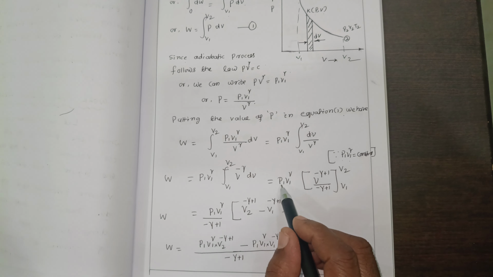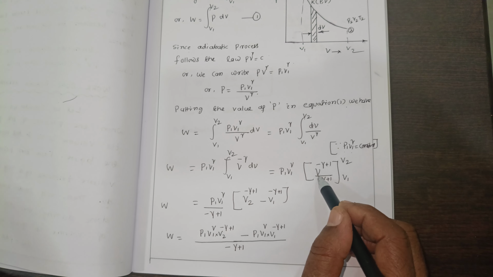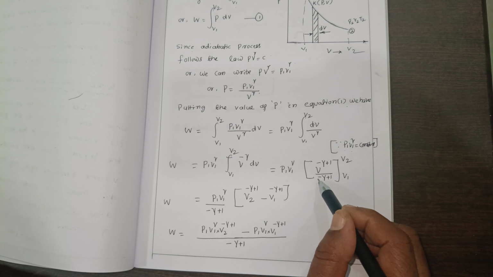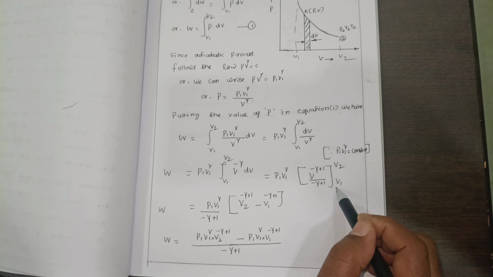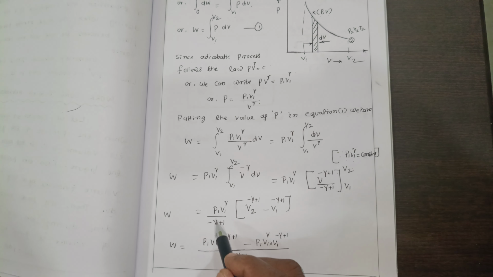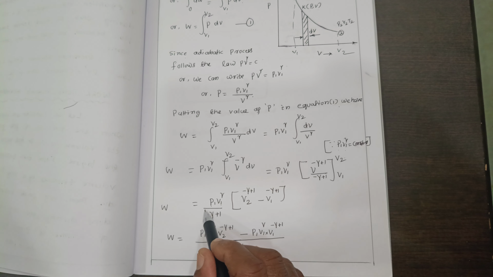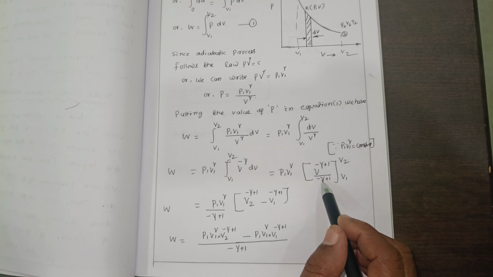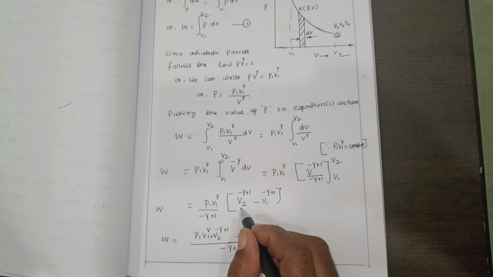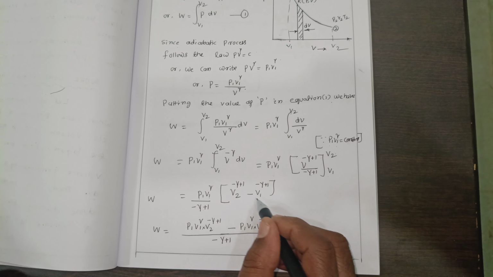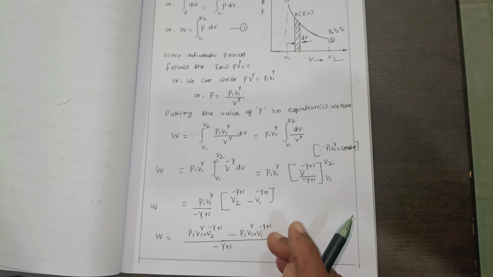W is equal to P1 V1 to the power gamma times V to the power minus gamma plus 1 divided by minus gamma plus 1 with the limit V1 to V2, or P1 V1 to the power gamma divided by minus gamma plus 1 with the limit V2 to the power minus gamma plus 1 minus V1 to the power minus gamma plus 1.